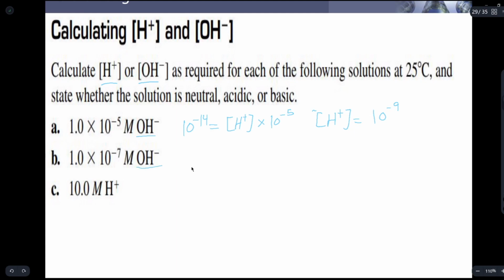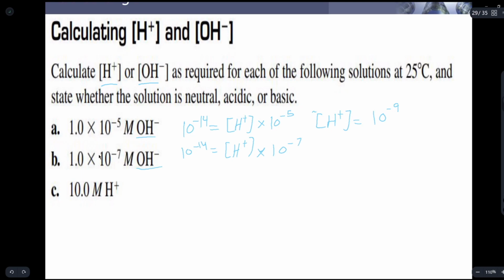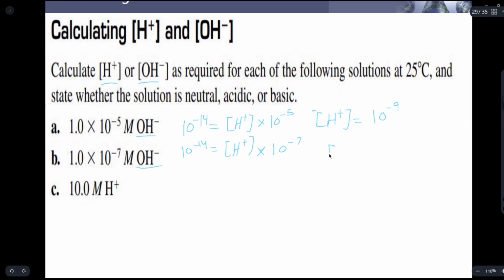Here we are also given the OH minus value, so we just use the same formula. Just substitute the value, and you will get that the H plus concentration is equal to 10 to the power of negative 7.